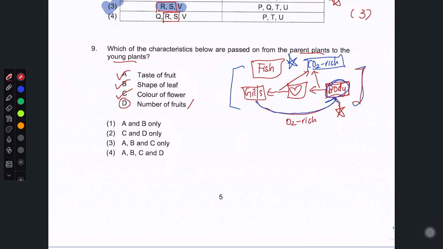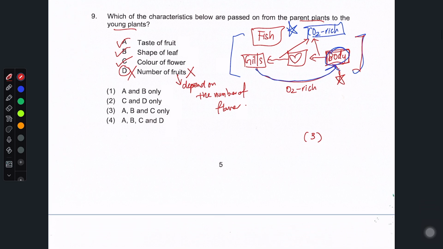Number of fruits, no, because this depends on the number of flowers. So this one is highly no. So A, B, C, the answer is 3 on this part.